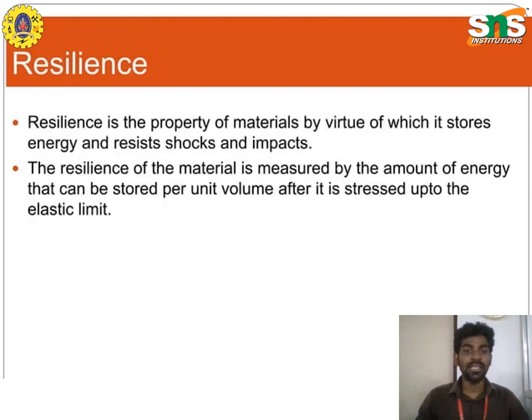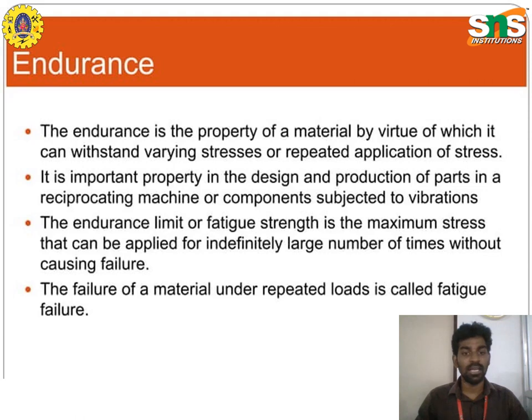Resilience is the property of a material by virtue of which it stores energy and resists shocks and impacts. It is measured by the amount of energy that can be stored per unit volume after the material is stressed up to the elastic limit.